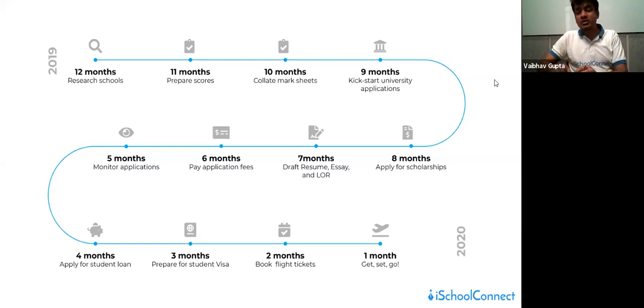What typically students do is that they spend 70% of the time preparing for GMAT, GRE scores and neglect their resumes, essays, LORs and SOPs. Rather, it should be the opposite. 70% of your time should be spent preparing for your essays, applications, resumes, LORs, all that. And only 30% of your time should go into your GMAT, GRE, SAT preparations.